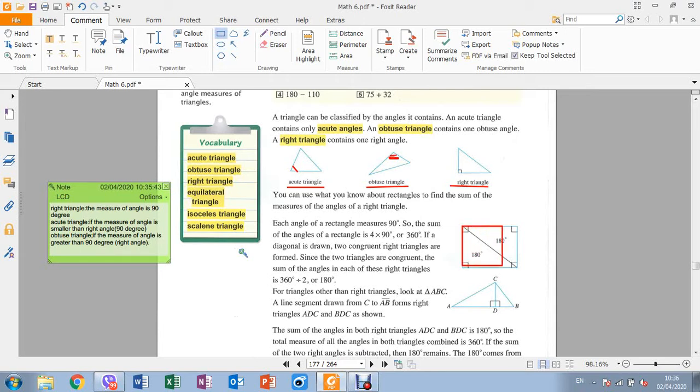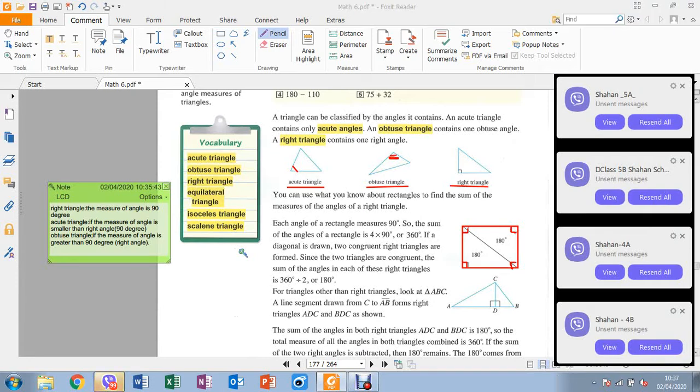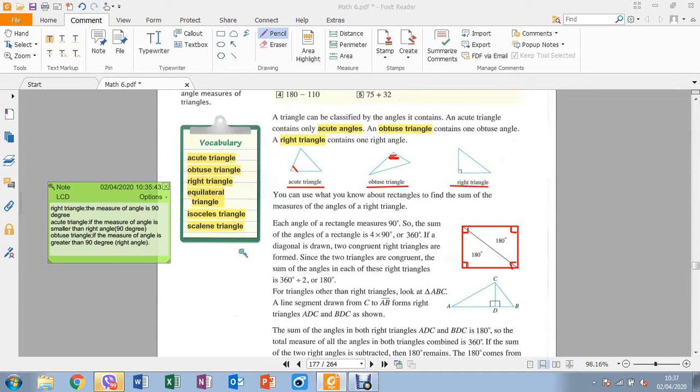We know that all the corners are right angles. This is a right angle, 90 degrees, and this one is a right angle, 90 degrees, and this one is a right angle, and the last one is again a right angle, 90 degrees.